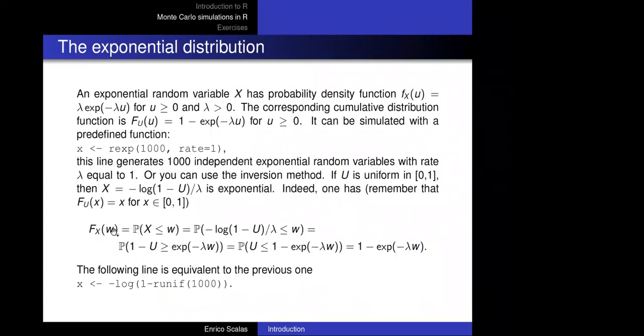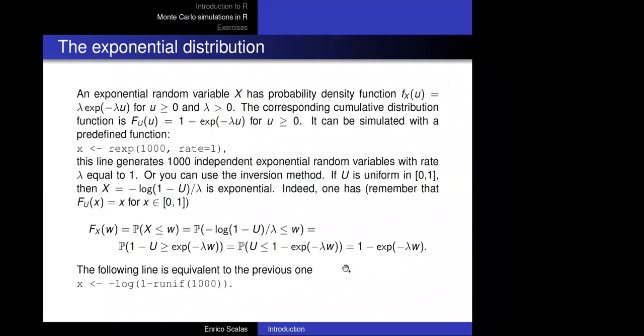We use here the argument w, and then you replace the formula here, you manipulate the inequalities, and you remember that the cumulative distribution function for the uniform random variable is a straight line, essentially the diagonal of the first semi-quadrant for x between 0 and 1.